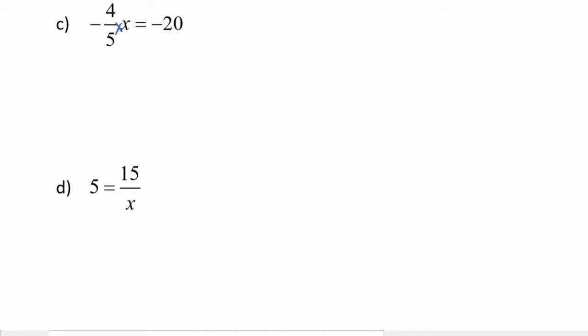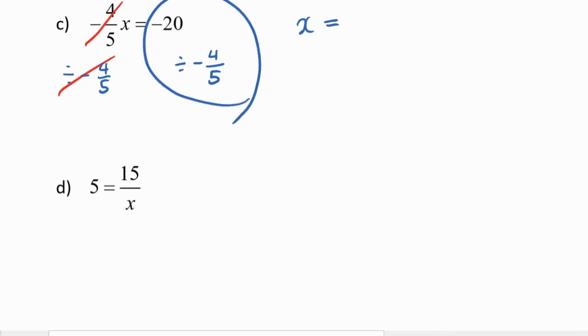So what we're going to do is divide both sides by -4/5. We use the inverse operation of multiplication to cancel this number. So x is isolated, and I have -20 divided by -4/5.